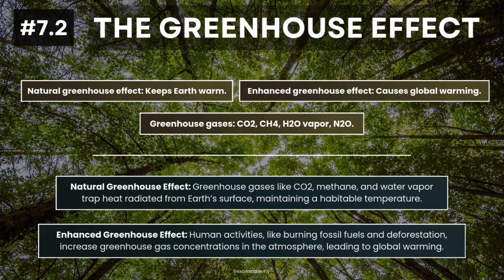Human activities like burning fossil fuels and deforestation increase greenhouse gas concentrations, leading to global warming. For example, increased CO2 from industrial emissions has raised global temperatures, causing ice caps to melt and sea levels to rise, causing floods.